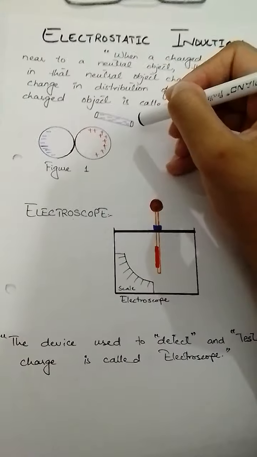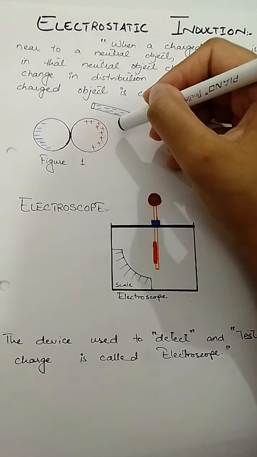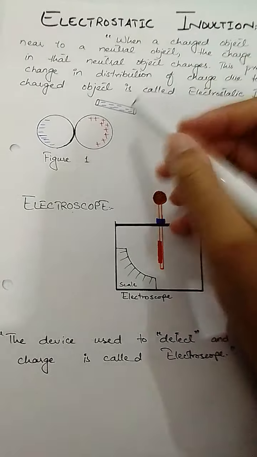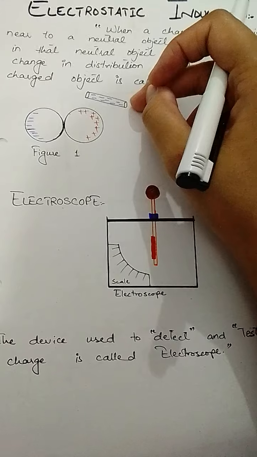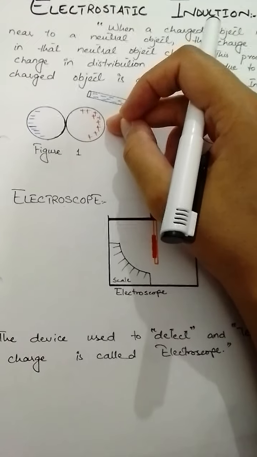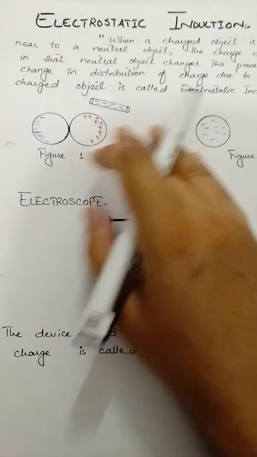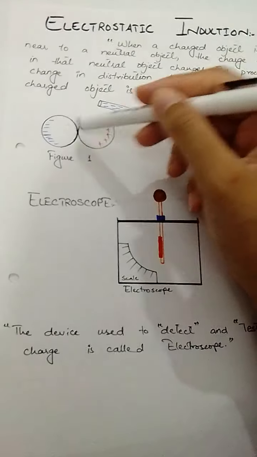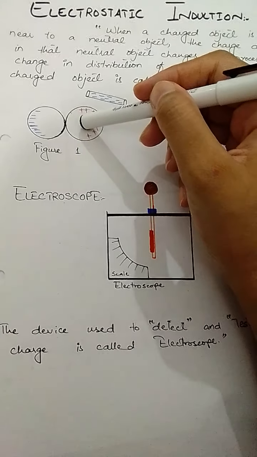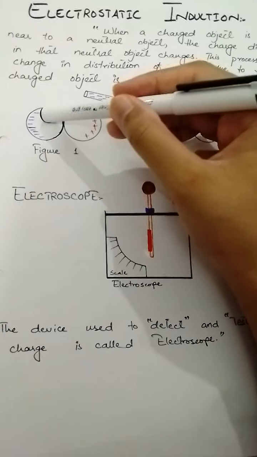When I brought this rod closer to one of the spheres, the negative charges on the rod will try to attract these positive charges. Before I brought this rod closer to them, they were all just neutral balls.